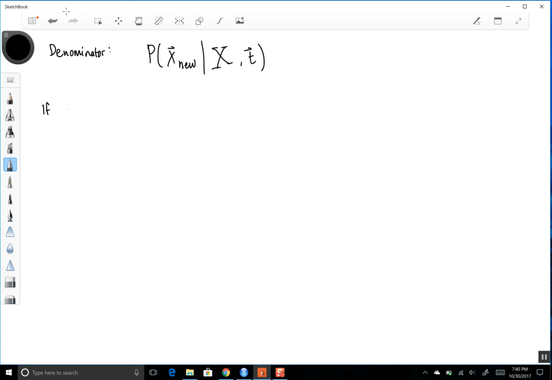And if this cannot be calculated, we can compute this for each class and sum. Excuse me.